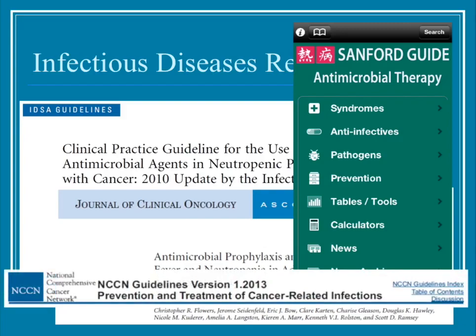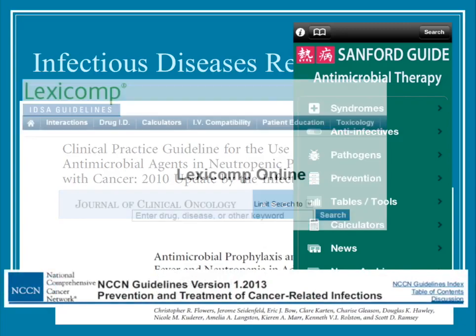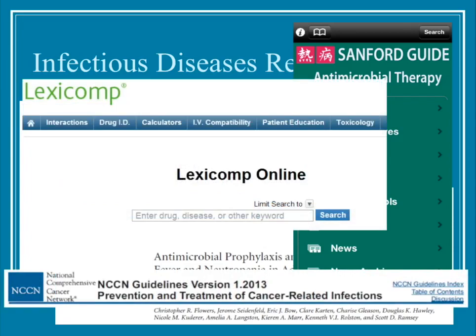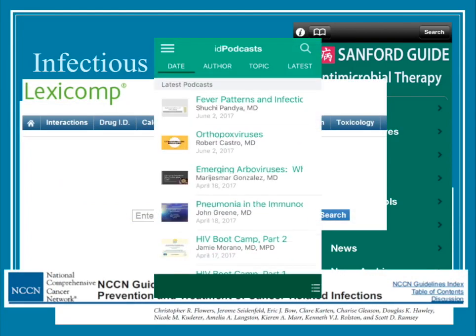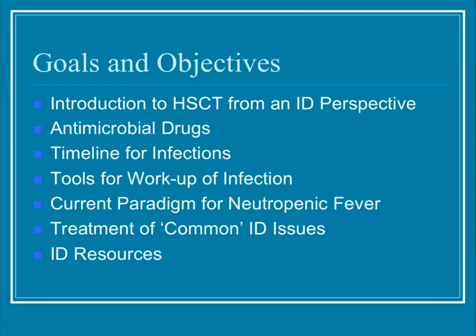Then there are the NCCN guidelines that are also updated. Lexicomp is also a very good resource, especially from the pharmacy perspective. And you're already listening to the ID podcast, but of course there are many other lectures available to stay up to date with what we think is pertinent for today.